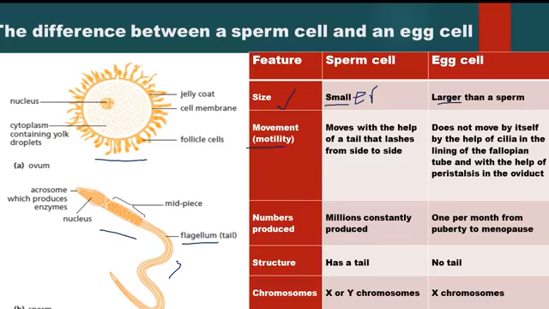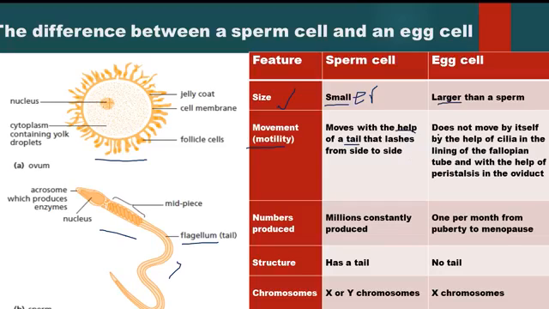So if you're asked for the movement, you say a sperm cell moves with the help of the tail or the flagellum that lashes or propels it as it moves towards the oviduct.